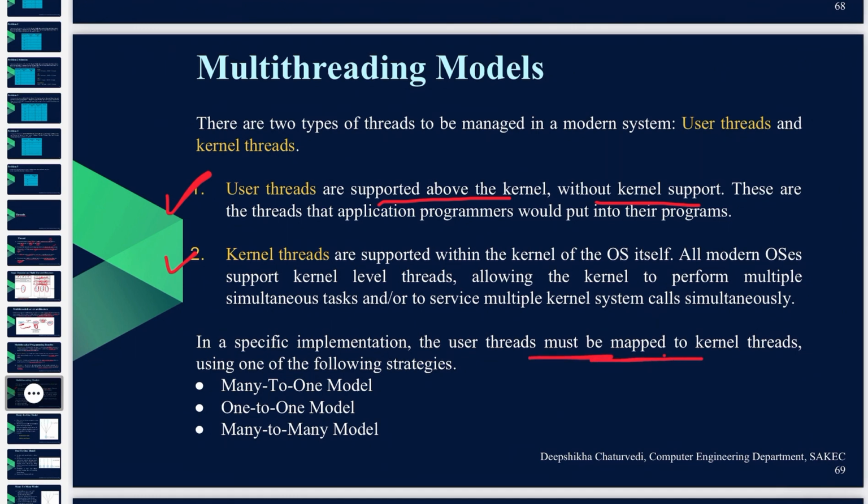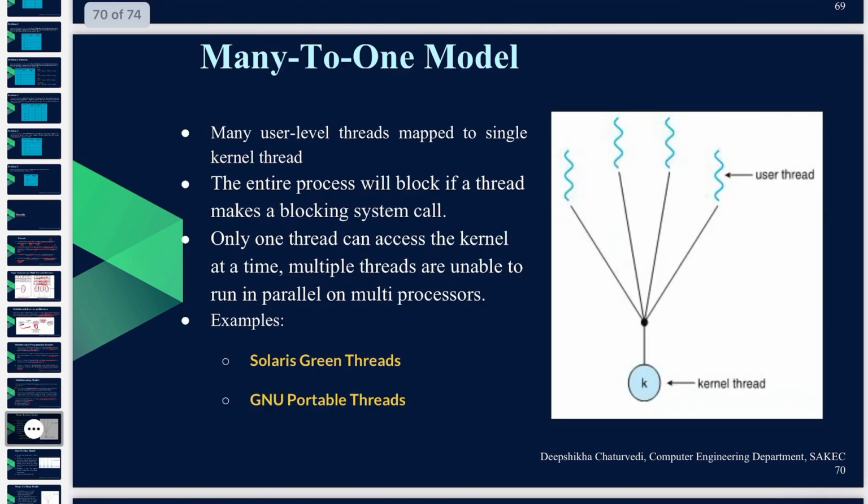In a specific implementation, the user threads must be mapped to the kernel threads using one of the following strategies: many-to-one, one-to-one, many-to-many and the two-level model. In the many-to-one model, many user level threads map to a single kernel thread.